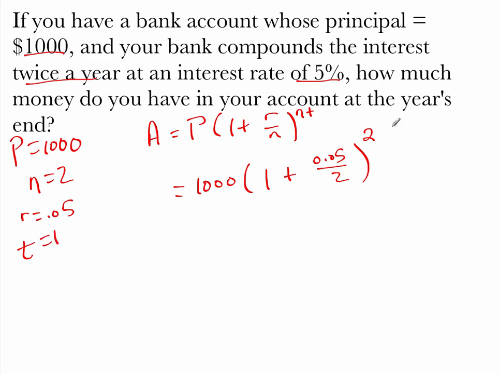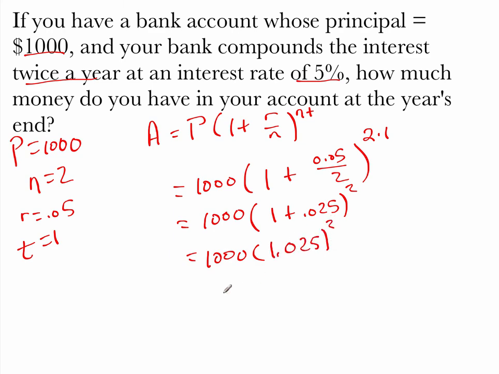Forgot to write that down. So this is 1,000 times 1 plus 0.025, squared, so 1,000 times 1.025 squared. And when you do that, you get $1,050.63.